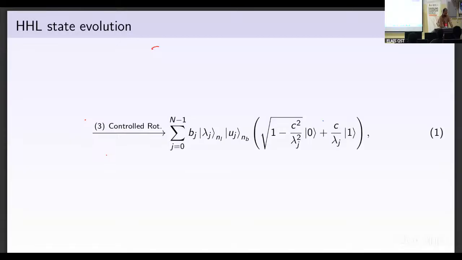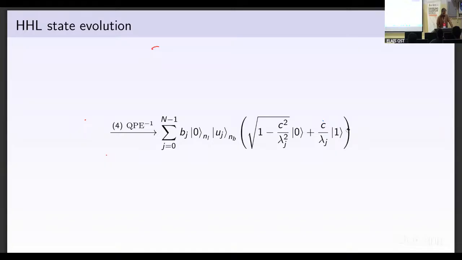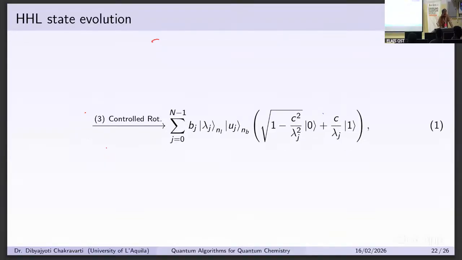To get the values of lambda inverse, we need to measure it in the basis of 1. We need to measure 1, and the accompanying coefficient of 1 contains our lambda inverse values. So when we do a QPE inverse, you see that NL had lambda j in it.